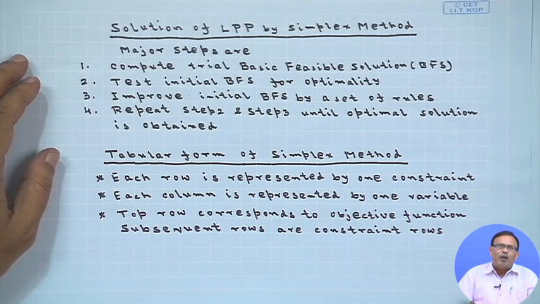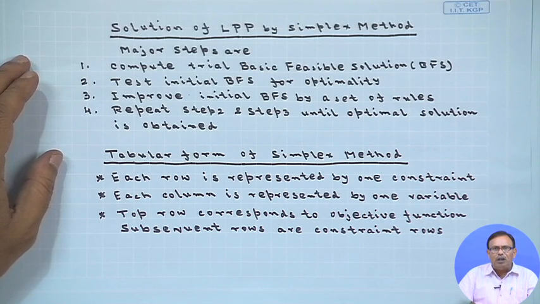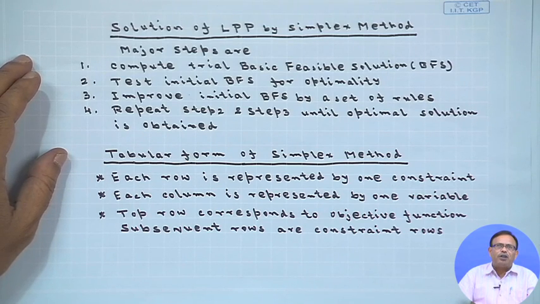Now, whenever I have a problem in simplex method, we represent the problem in tabular form, in terms of rows and columns. Each row is represented by one constraint. Each column is represented by one variable, and the top row corresponds to the objective function.